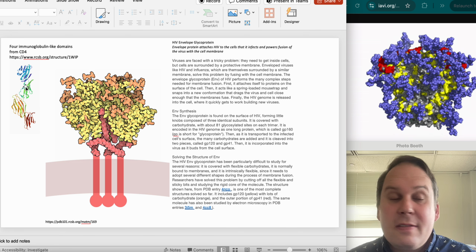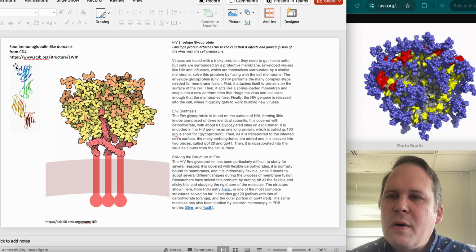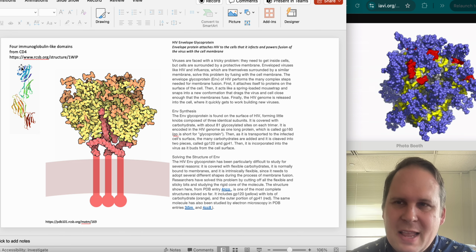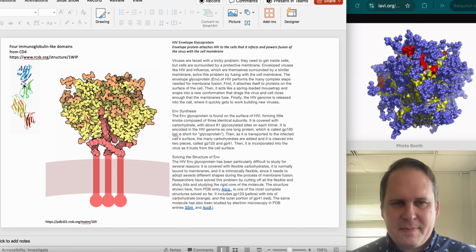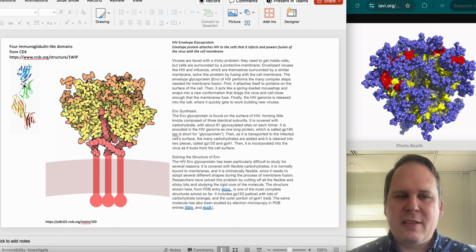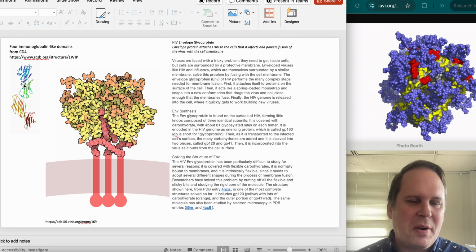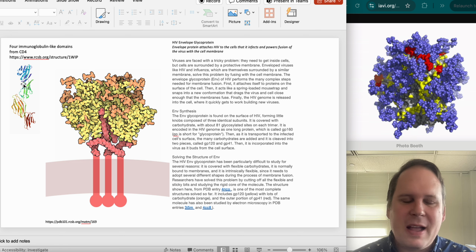The important part of this is going to be the tippy top, the bit that sticks out. And so phenylalanine 43 is going to be right around here where I'm dragging my cursor, and it's part of domain number 1. So phenylalanine is one of our 20 common amino acids that make up protein. It's just the name of which part of the protein is actually doing the binding.